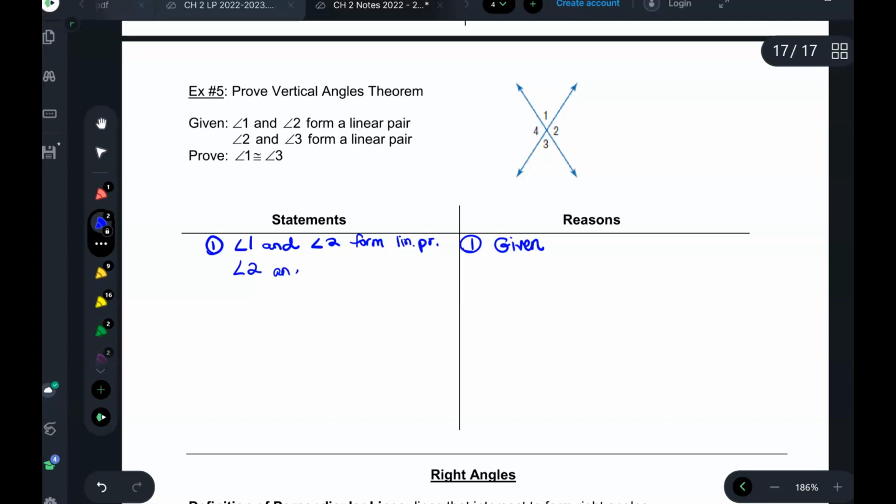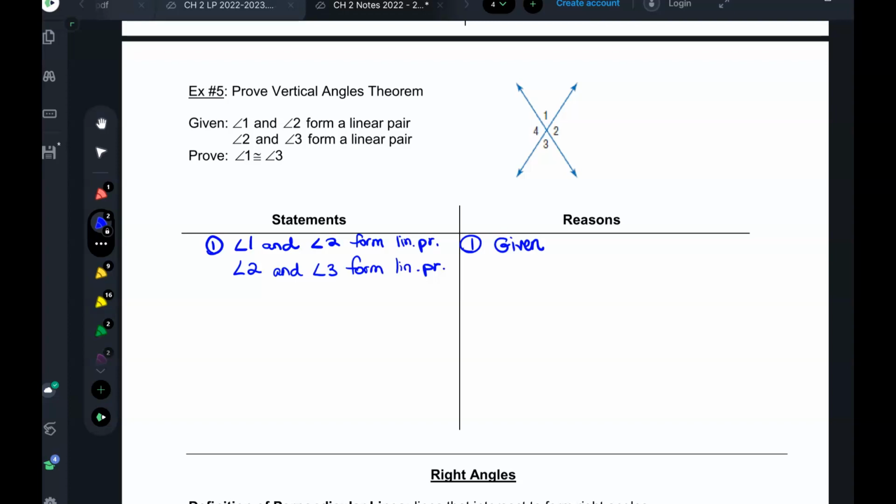Angle 2 and angle 3 form a linear pair. And we do the congruent thing and then the definition. Okay, it has to be something on that piece of paper that has to do with a linear pair.